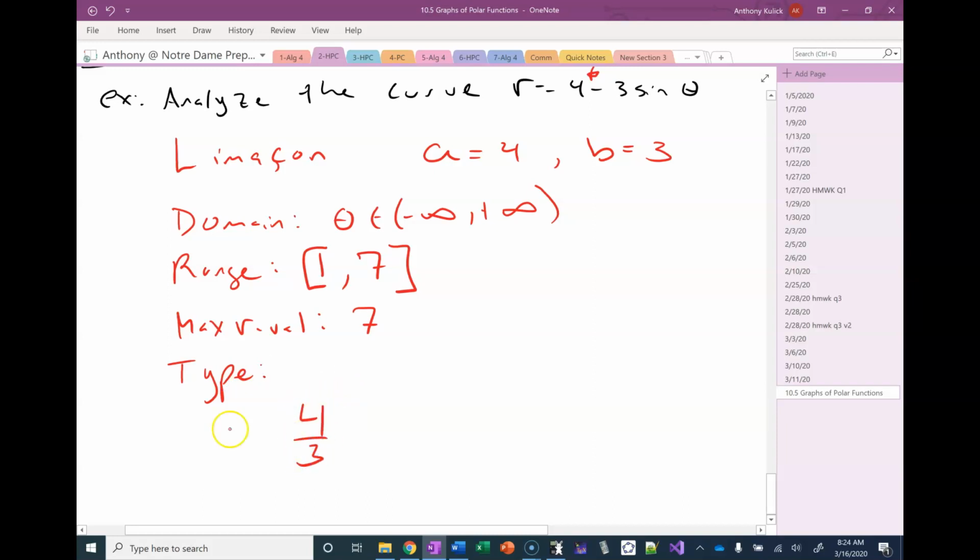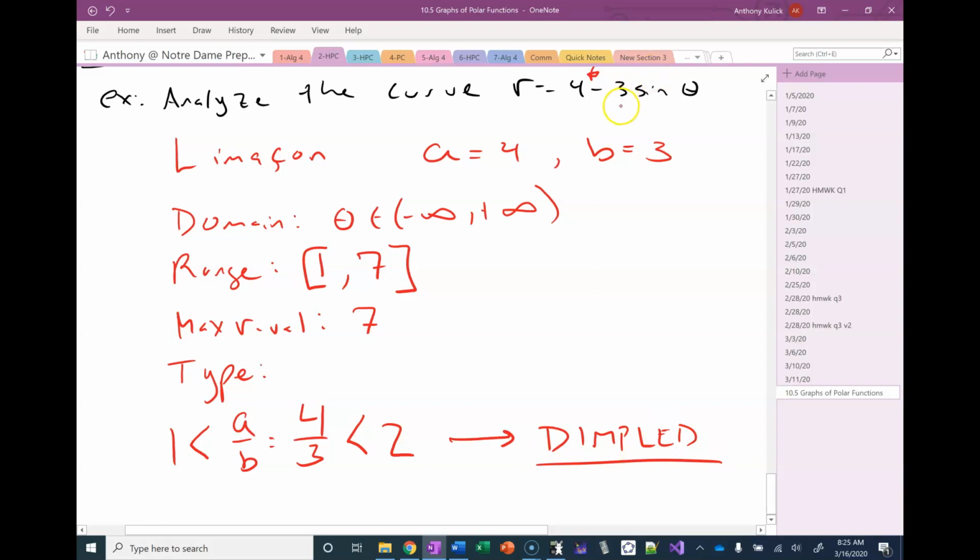That's going to be 4/3, which is bigger than 1 and less than 2, which tells you this is the dimpled. And since we're dealing with the sine version, we know the symmetry is the y-axis symmetry.